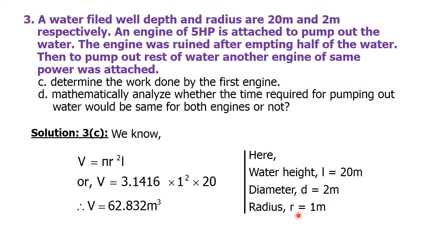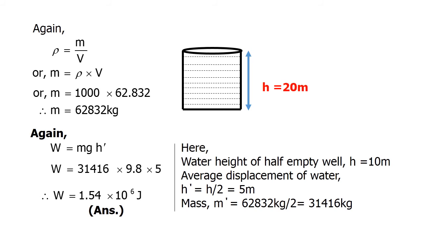From the diameter we get the radius 1 meter. So we will calculate the volume using the formula pi r square L. Then we get the volume of the deep well as 62.832.